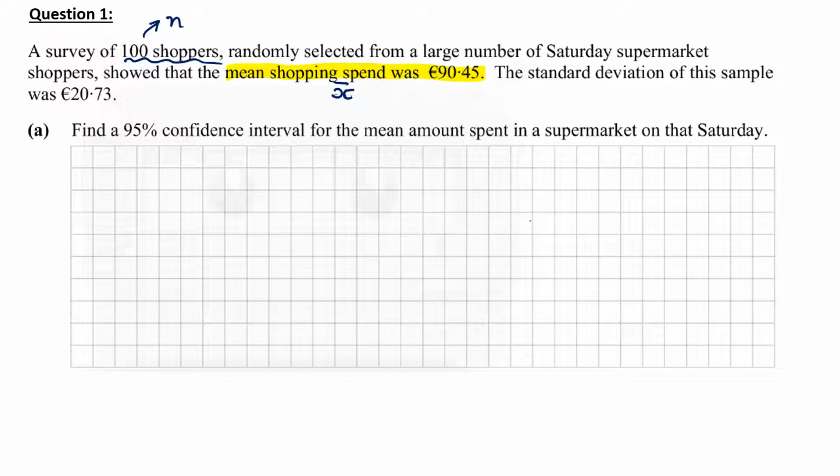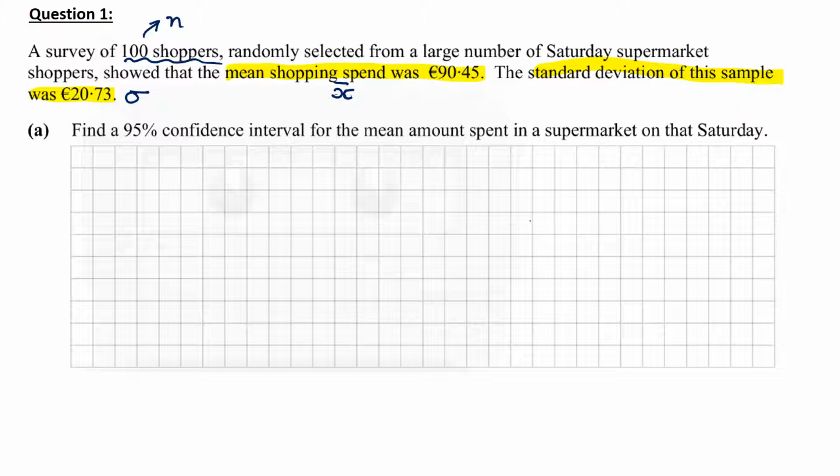When we're doing the mean of a population, or if they don't mention anything about a sample, we're using mu, that Greek letter mu. The standard deviation is slightly more straightforward because we always take the standard deviation of the sample and the population to be the same. So we can always just write this as our sigma. We're not going to get any more complicated than that.